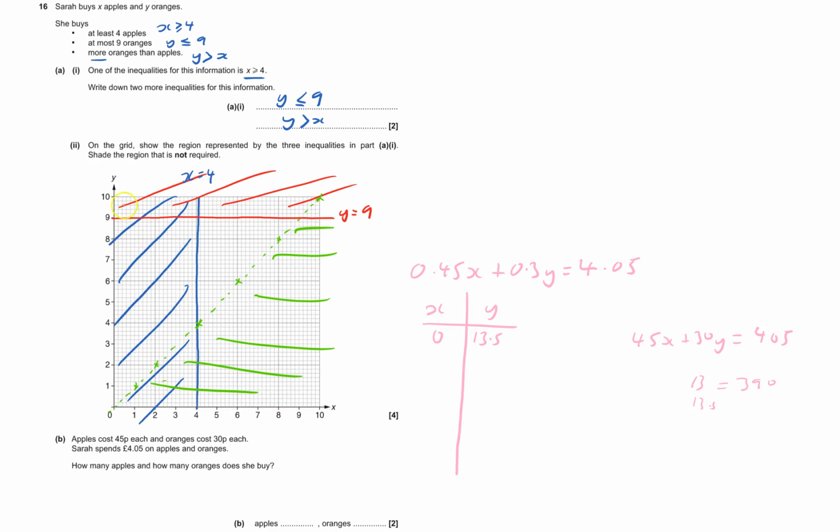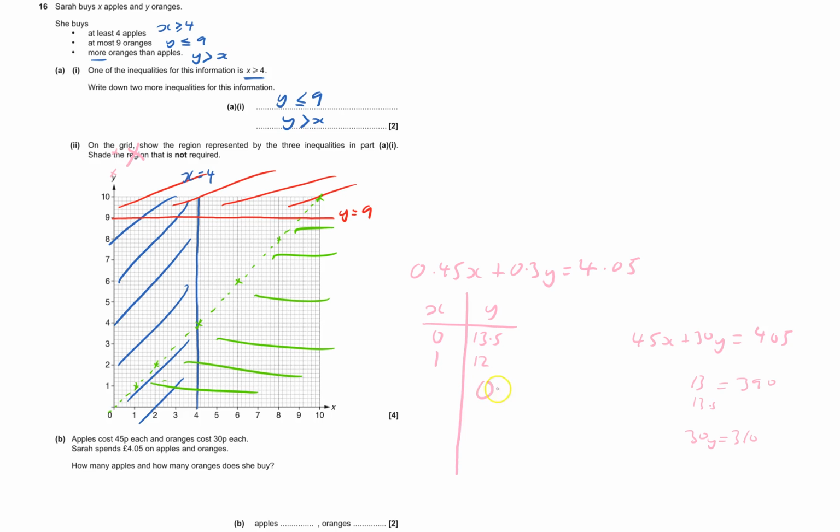So it's not on my grid, let's put x as 1. So 1, that would be 45. So that means that 30y would have to be, take off 45, would be 360. So y would be 12. And that's nearly on there. So x will be 1, y will be 12, it'll be at this point there.